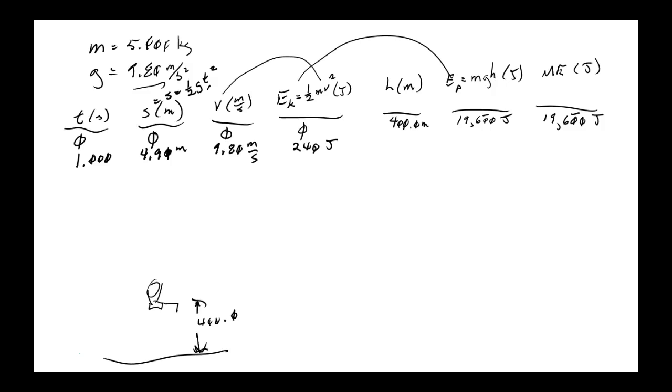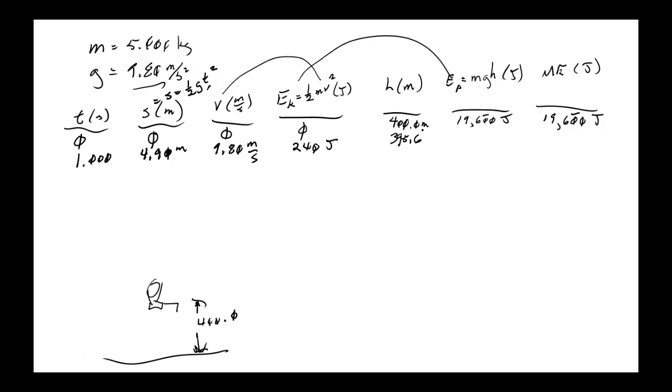Now, how high is it above the ground? Well, it was 400. It fell 4.9. So now that will be 395.6. You see, it was a height of 400 meters, right? And it fell 4.9 meters.